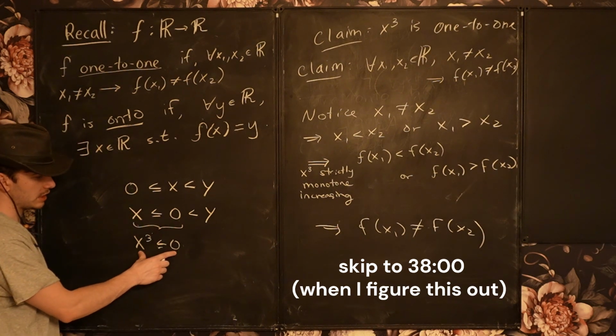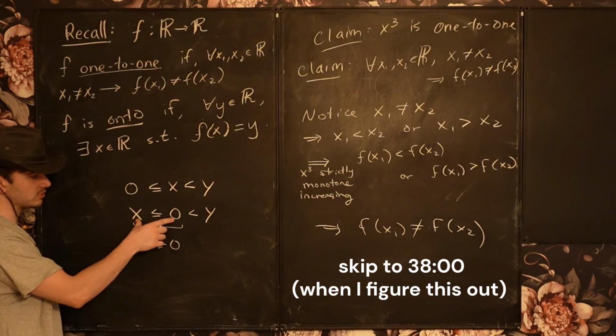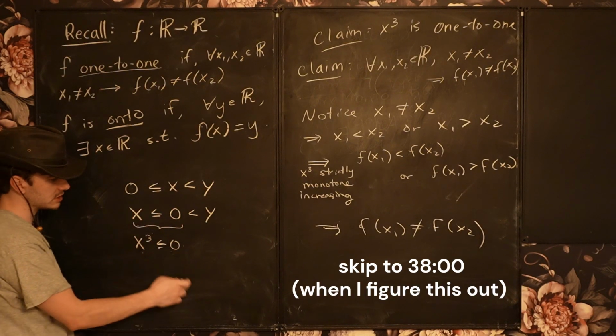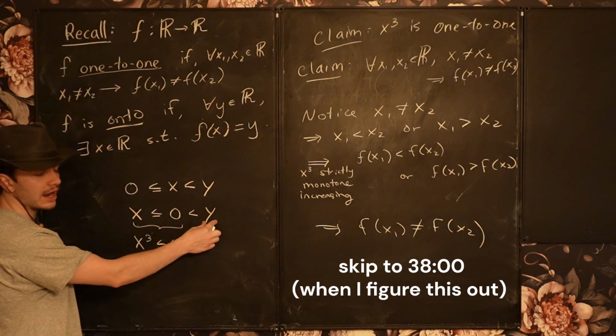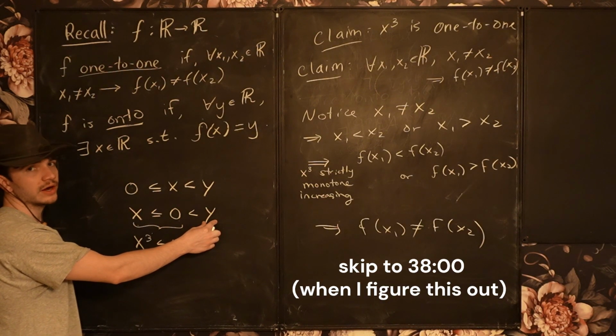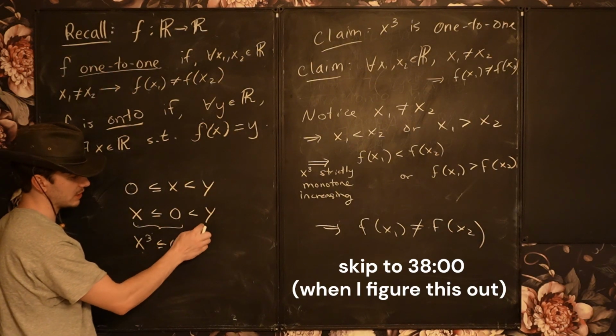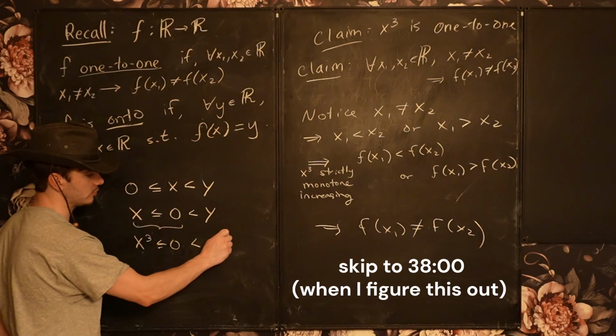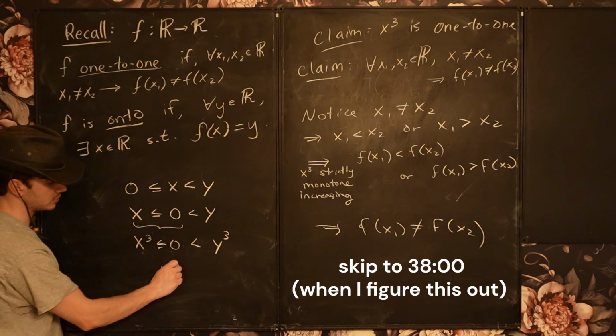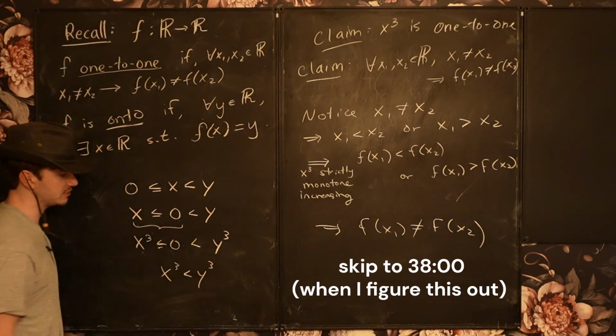And so I get this inequality by multiplying by x squared, which is positive, and then here I get that since y is positive, y squared is also positive, so I can multiply this inequality separately by just y squared, and I get y cubed here. And so this tells me that x cubed is less than y cubed. Okay, do you see what I did there?